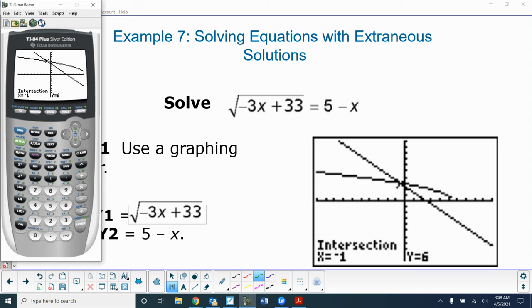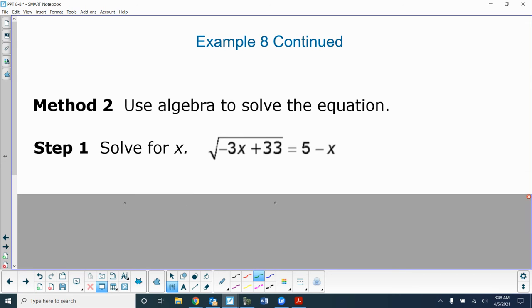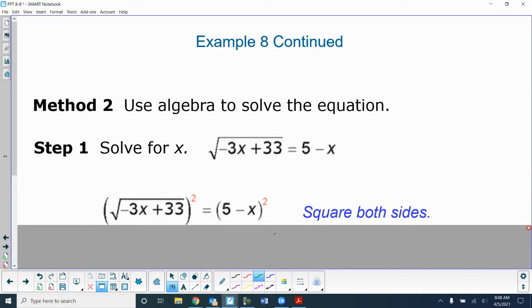And we're looking for what x equals, so what's the answer? Negative 1. That's doing it graphically, using your graphing calculator. Doing it algebraically, what do you got to do to both sides? Square them, right? Now, how do I square 5 minus x?